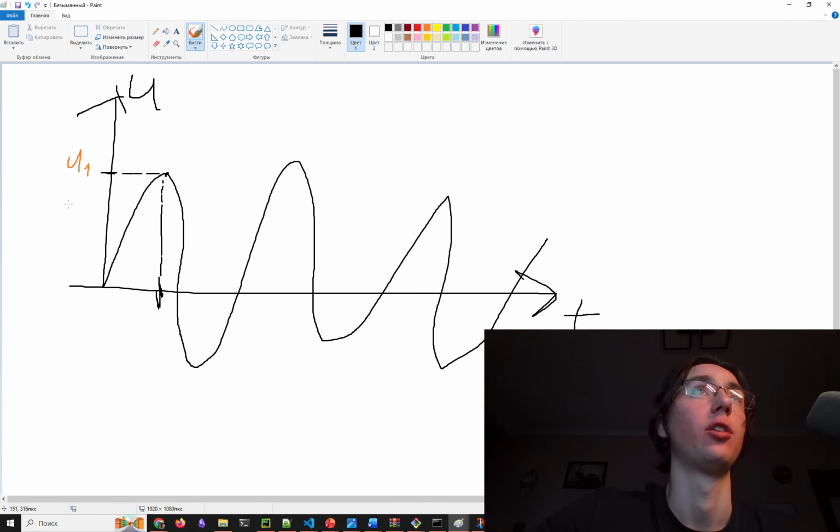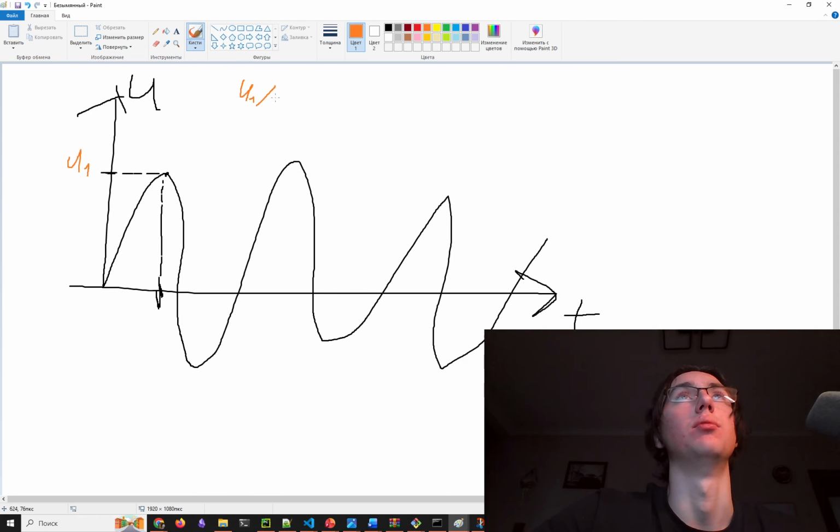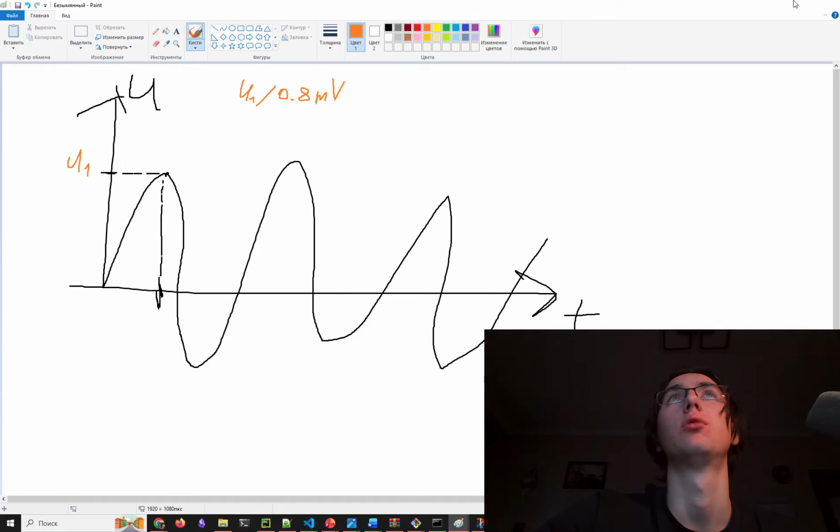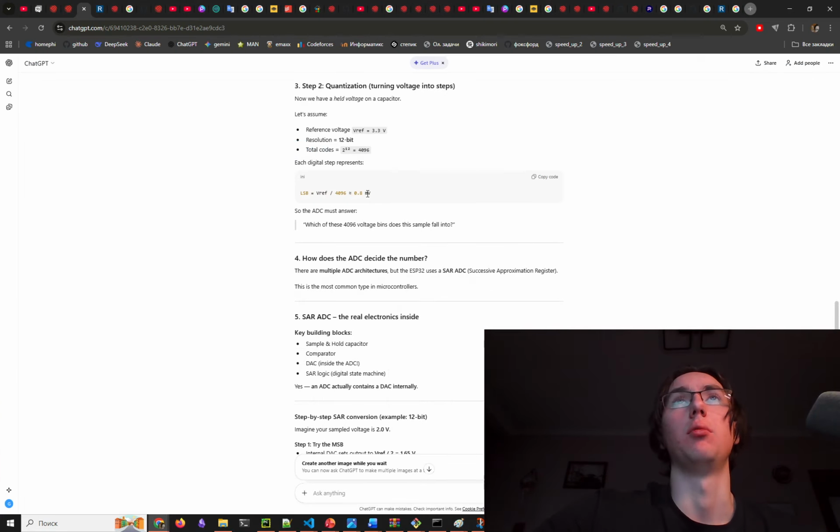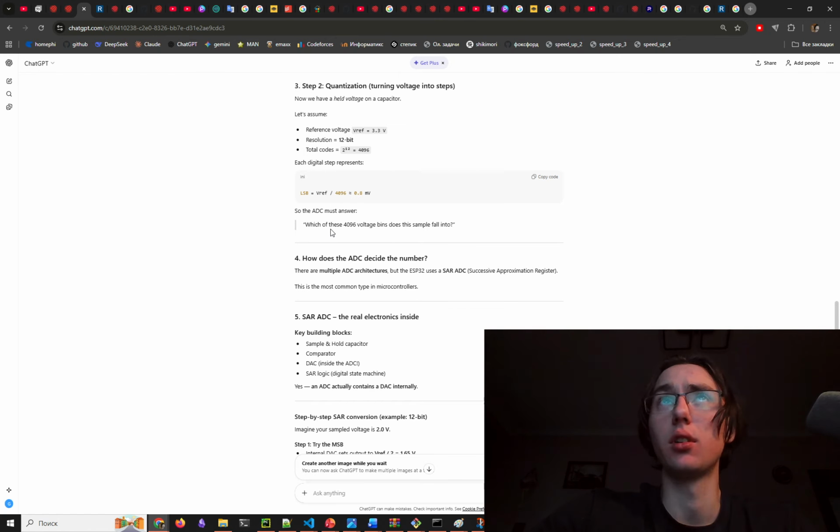This is an analog value, and we actually divide it by some value, for example 0.8 millivolts. I guess it's milli, so 10 to the power of -3. Yep. And which, oh no, we actually reference.